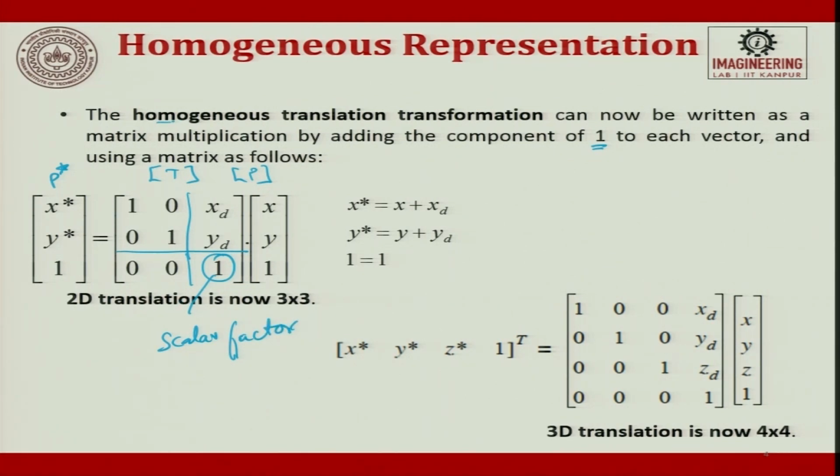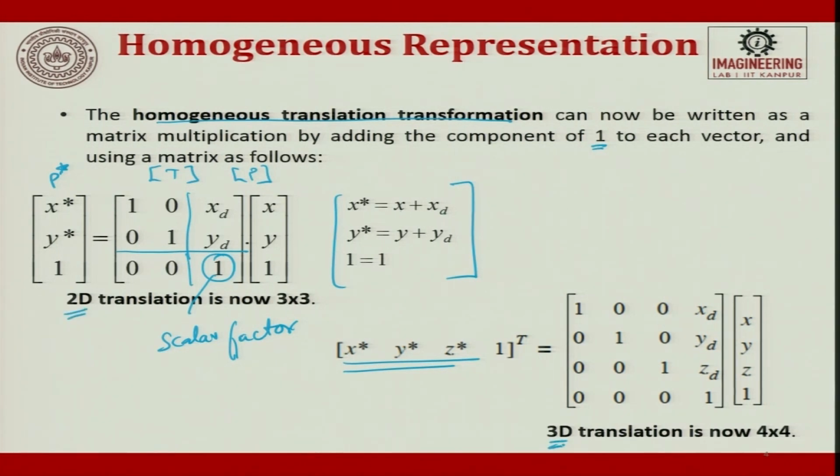The translation matrix, which was 2 cross 2, is now expressed as 3 cross 3. If you solve it, you get the final form: x star is x plus dx, y star is y plus dy, and 1 is equal to 1. When you use a 3 cross 3 matrix, this is 2D.